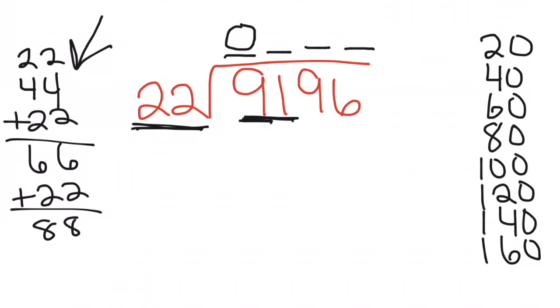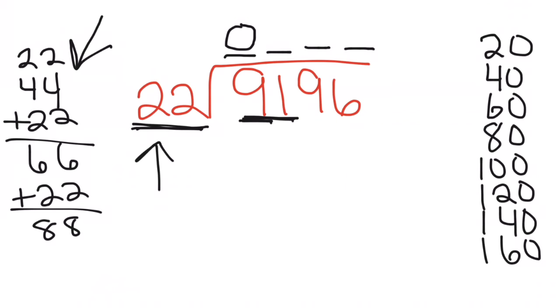Now, you may wonder, why did I write down multiples of 20? Well, this number is really close to the number 22, so I know that those multiples of 20 are going to be really close to the multiples of 22. Now, I'm going to look over here, and I'm going to find the closest multiple of 20 to 91.